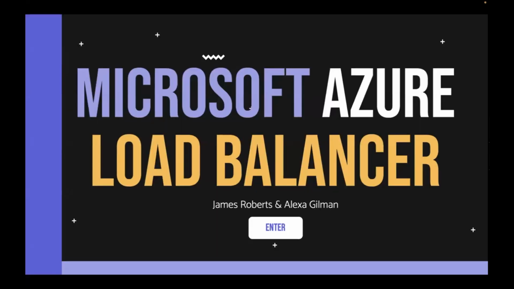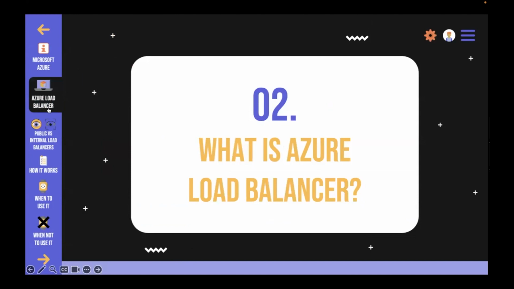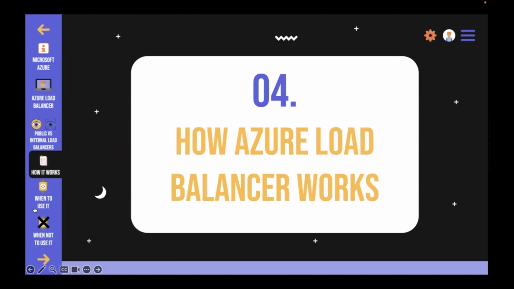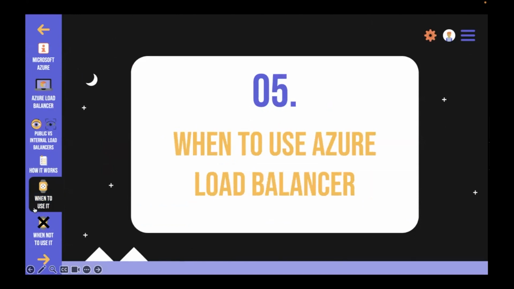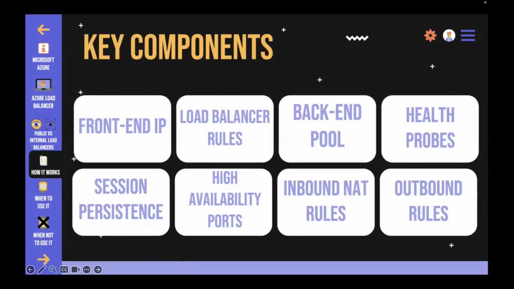In our presentation, we introduced Microsoft Azure and talked about what an Azure load balancer is. Additionally, we discussed how it works and when to use it. The tutorial created a NAT gateway, a virtual network, bastion host, the actual load balancer itself, and virtual machines. In this tutorial, we used some of the key components we talked about in our presentation.